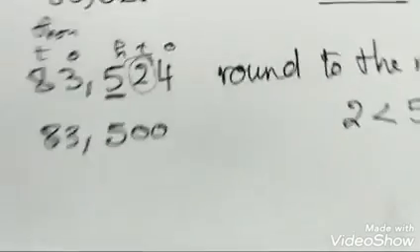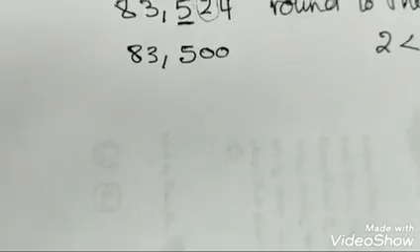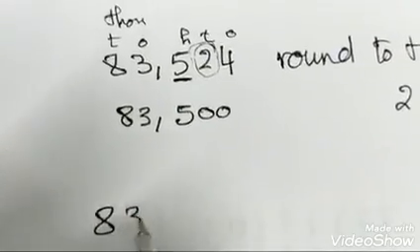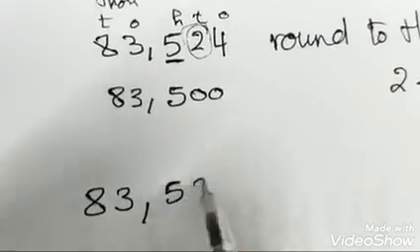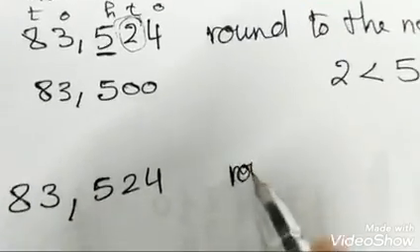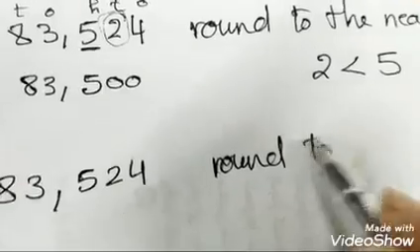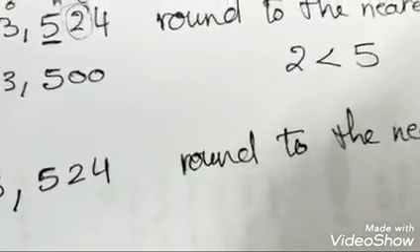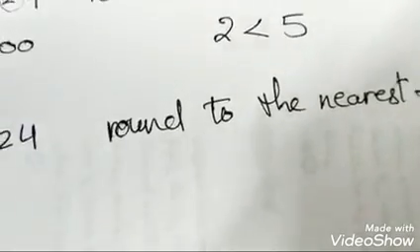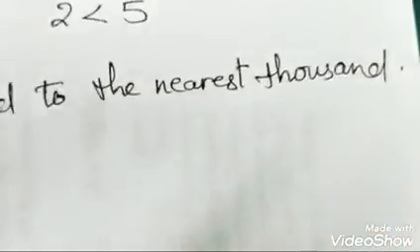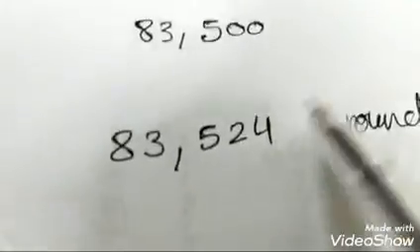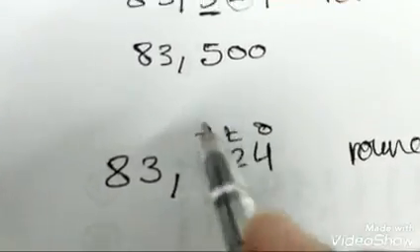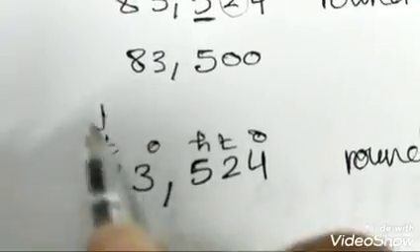Okay, now if I want to round the same number, 83,524, to the nearest thousand. Now make the places of the digits: ones, tens, hundreds, ones, tens in the what?